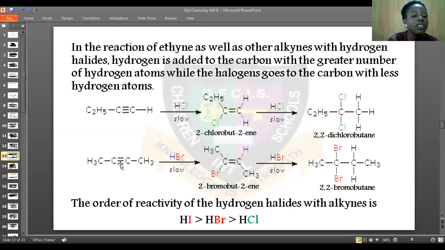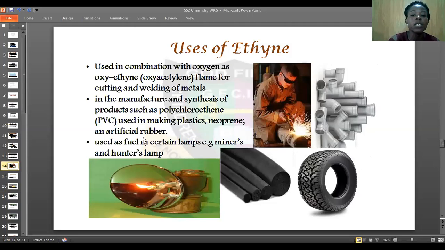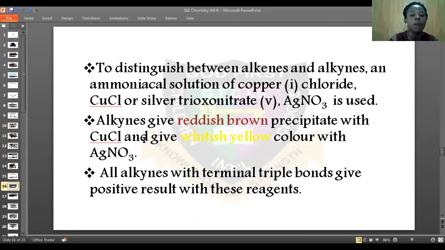Why is this not terminal? When we mean terminal, the triple bond is at the terminal carbon. But this will not give a positive test with ammoniacal solution of copper 1 chloride and silver trioxonitrate 5. Hope you understand this. Please, if you have any question, ask me or go back to the video again. By the time you play it twice or more, you get a better understanding.